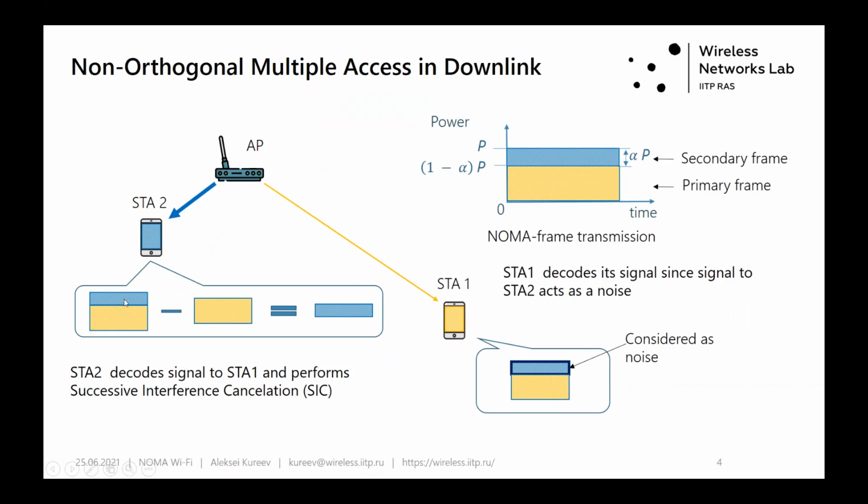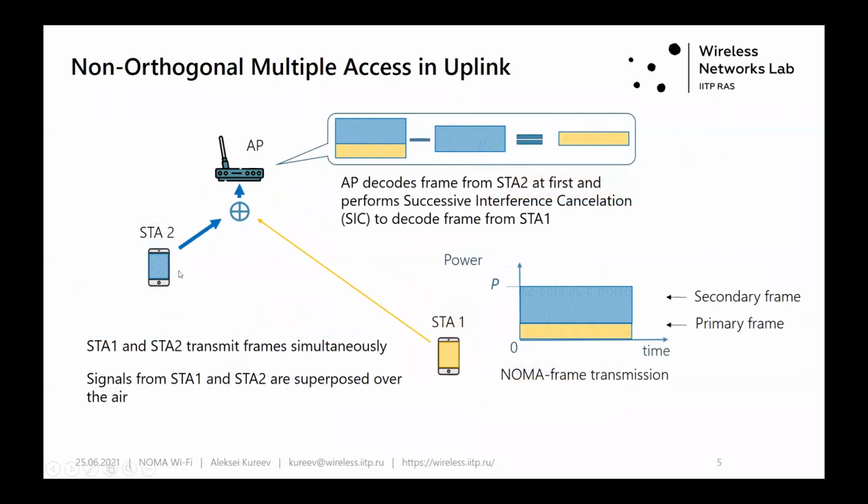So here, opposite to the previous case, where the signal power dedicated to STA2 had less energy compared to the signal to STA1, we have the opposite case. The energy from STA2 is higher than the energy received from STA1, because the distance is higher here.